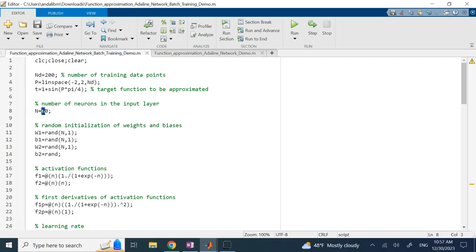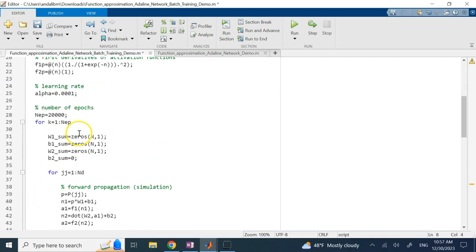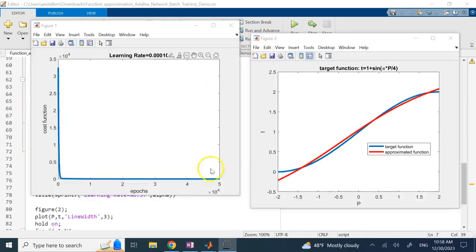So maybe I need to go down on this and allow this to do its job. Yeah, there we go. You see now it is going below 1, and I'm approaching the function quite well.